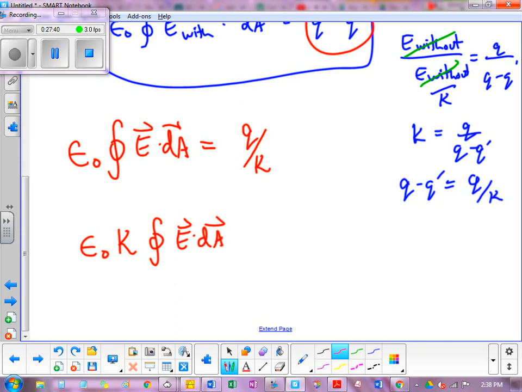That's a very important question. This is what you would use if kappa is truly constant throughout the dielectric.